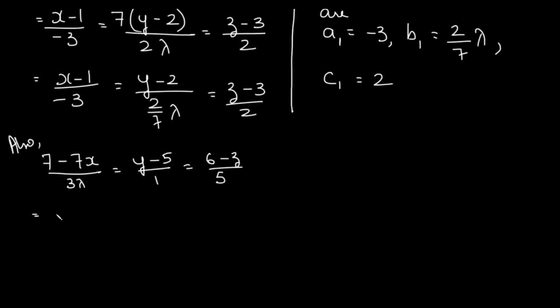Now going in the same way that we did for the first line, we take 7 common and also change the positions of 7x and 7 so that we get x, and also change the sign.